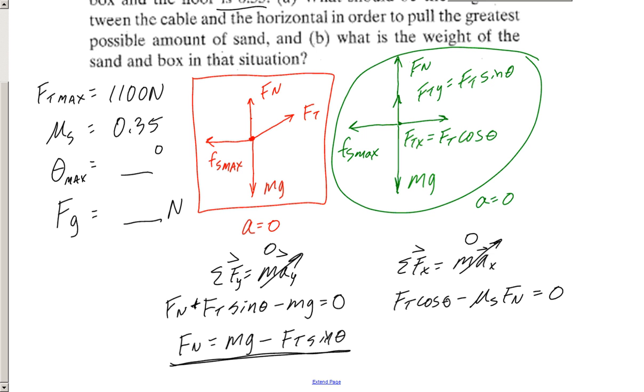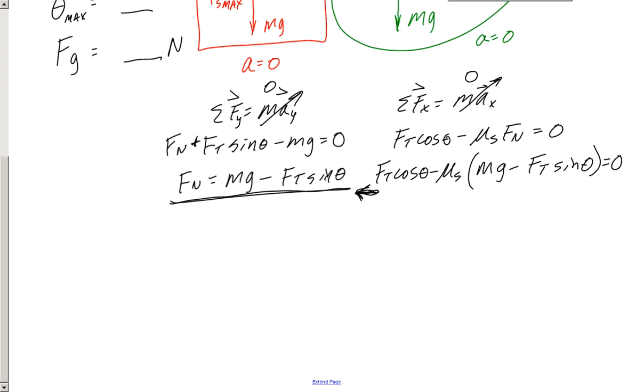Now we have to expand that quite a bit, so what we're going to end up with is Ft cosine theta minus mu static times Fn, which is from over here, mg minus Ft sine theta equals 0. Okay, so let's distribute that mu static through there and rearrange things and see what we can do.